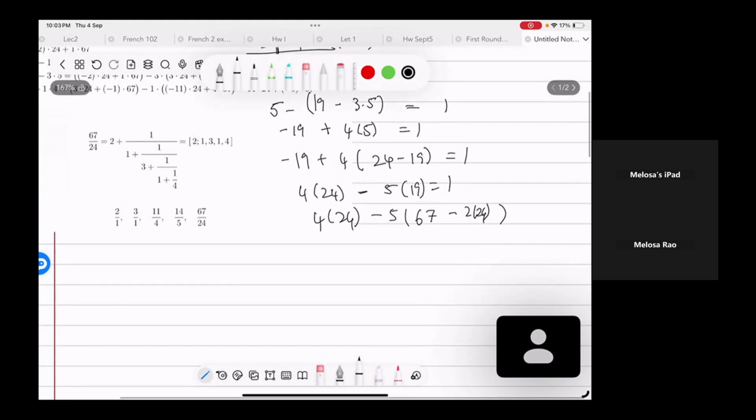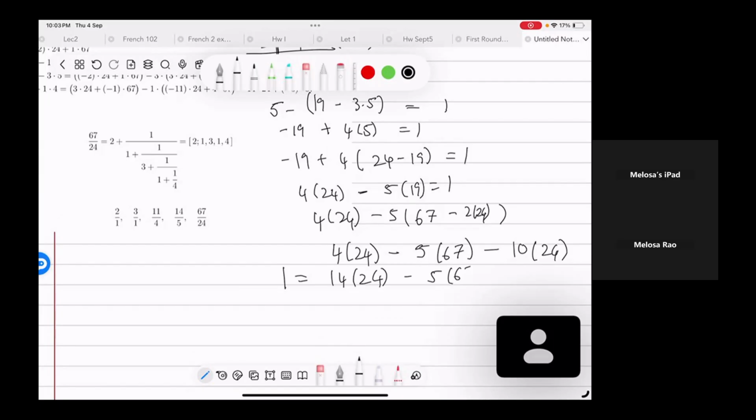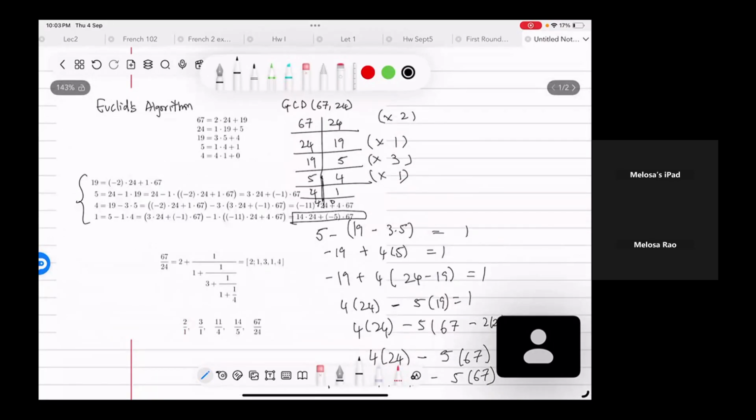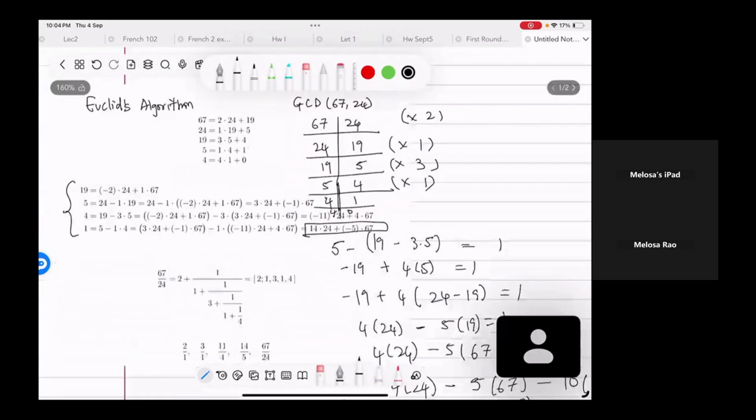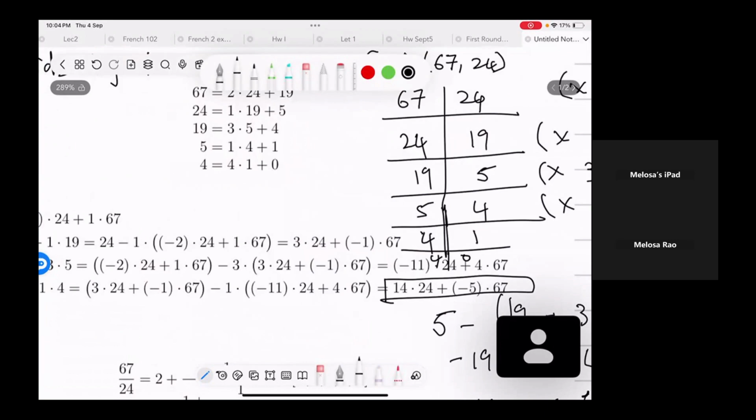So let's do that. We get this, so 1 is equal to 14 times 24 minus 5 times 67. So that's what we get here. And this can be done for any two numbers for the Euclidean algorithm, because we're eventually going to end up at 1 and 0 here.